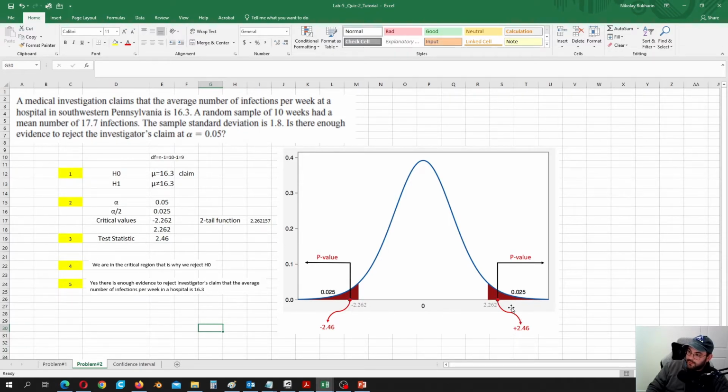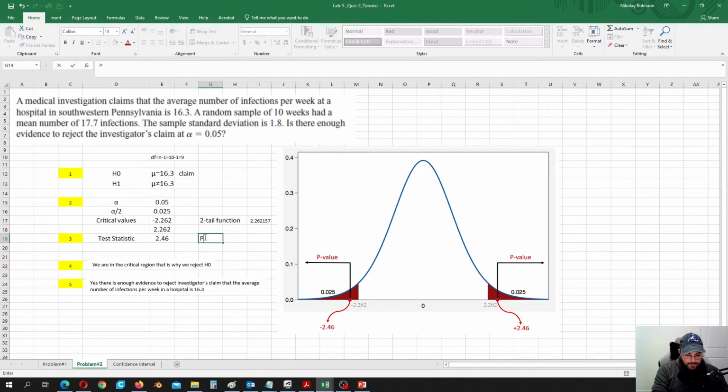So we take one of those tails, this tail or that tail, and we double it. So be careful with this. It is quite a common mistake to forget to double the p-value when you calculate it in one tail. So let's calculate our p-value.